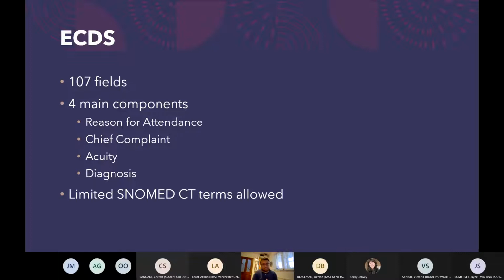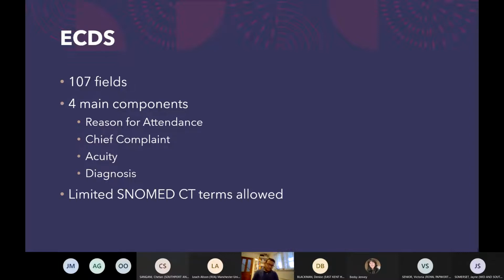But the way they've managed to ensure data quality is they use SNOMED CT. SNOMED CT is something that's been around for about 15 years. It's a standardized nomenclature of medical terminology, and there's a UK version of it essentially that NHS Digital use.